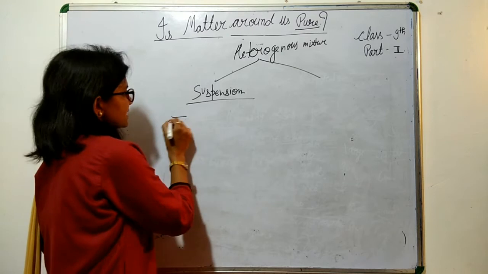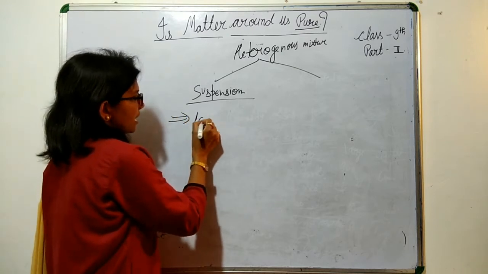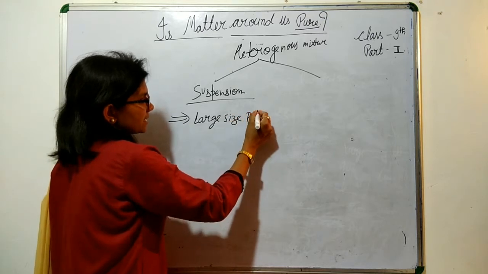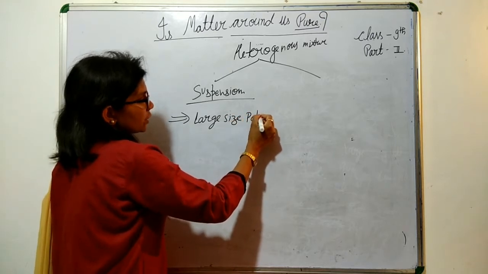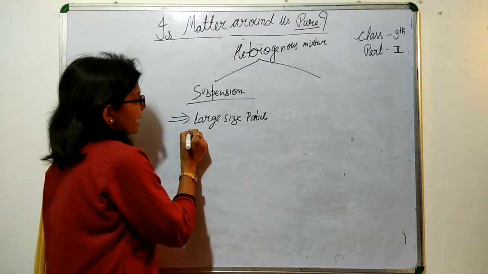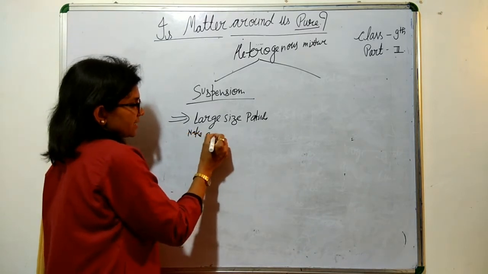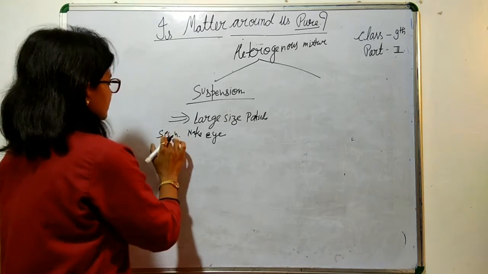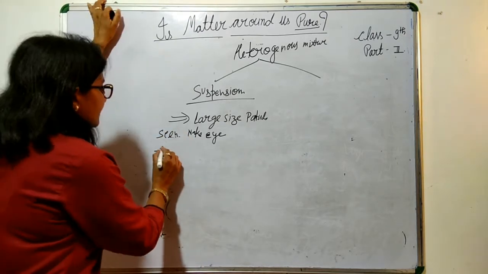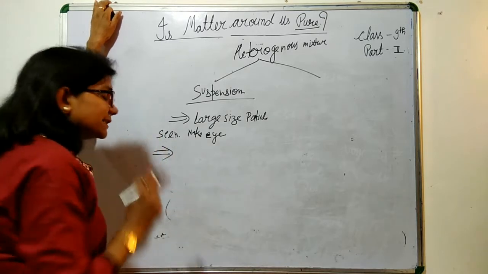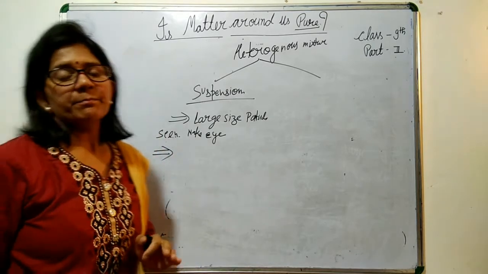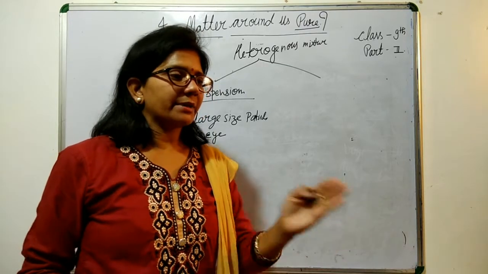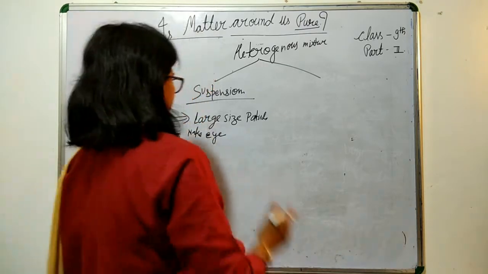Its particle size is too large, so the particles can be seen by our naked eyes. Second thing, with the help of filter paper or the filtration process, we can separate the solvent and solute.